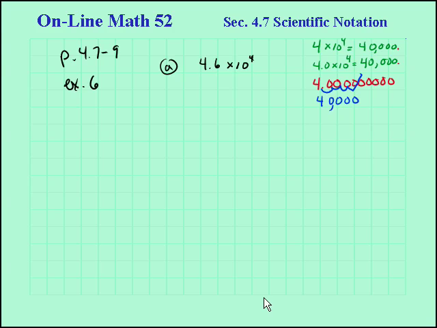Let me do the same thing for 4.6 now, the actual example at hand. 4.6. Let me place a bunch of zeros after it, which doesn't change the value, and now move that decimal point 4 places to create a large number. So I'm going to go 1, 2, 3, 4 places.